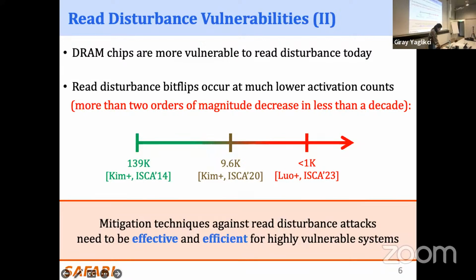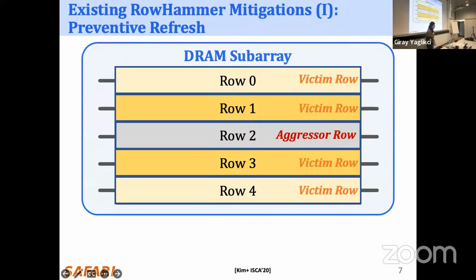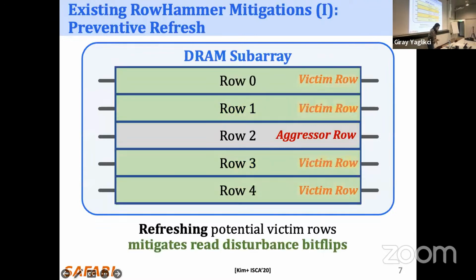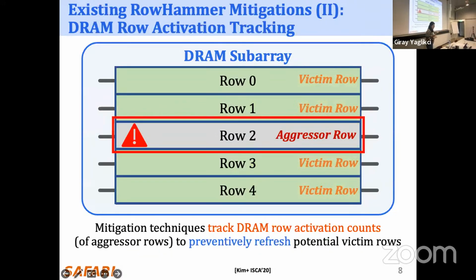One way to mitigate RowHammer is to preventively refresh potential victim rows when an aggressor reaches a dangerous activation count, but doing so requires tracking DRAM row activation counts of the aggressor rows before these victims experience bit flips.